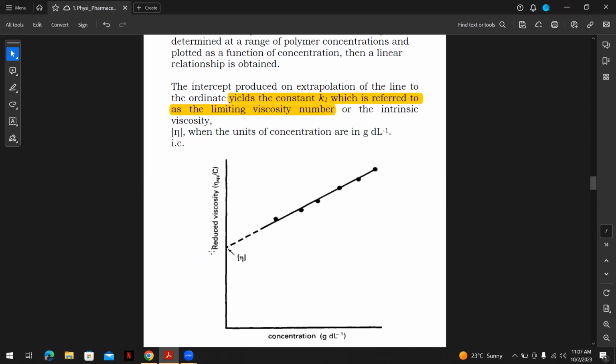So when it's plotted, the extrapolation from the plot, this point here. Can you see my cursor? Yeah, we can see. So this point here is the value of K1, which is the limiting viscosity number. And the slope is the Huggins constant or K2.